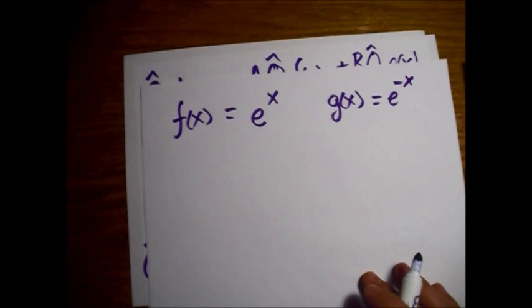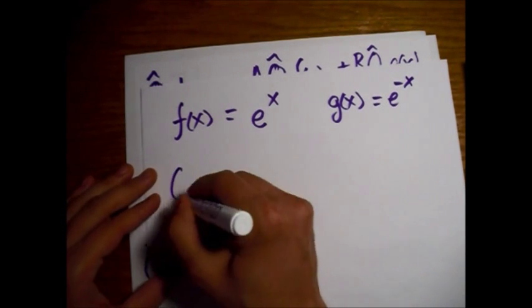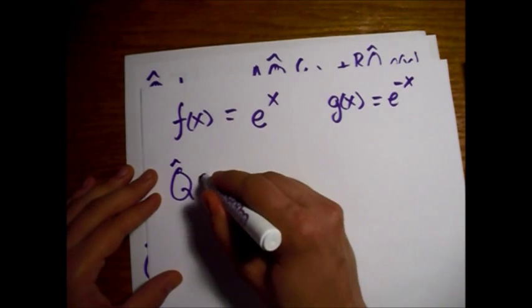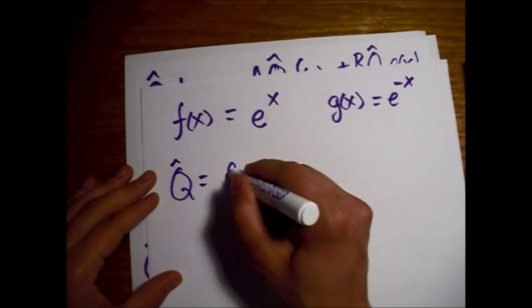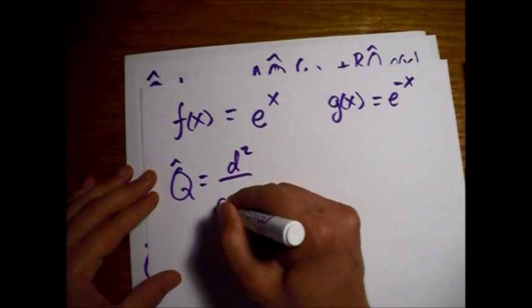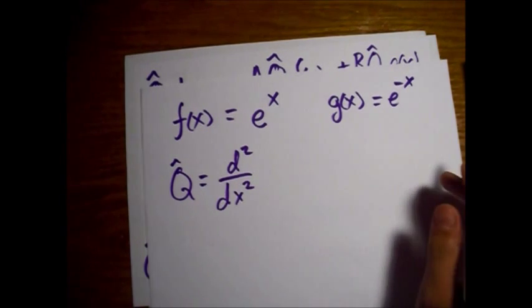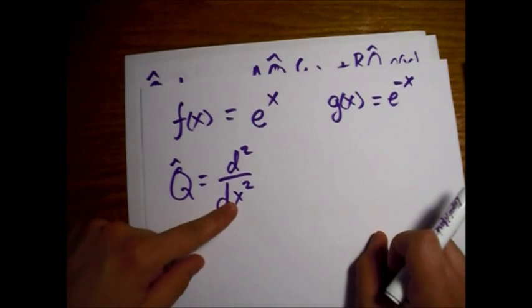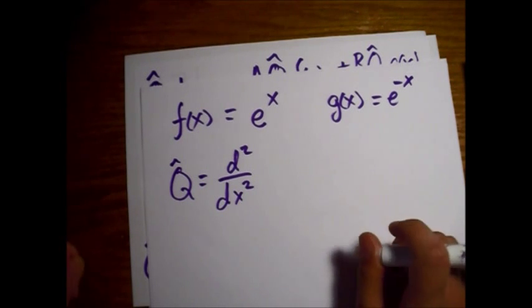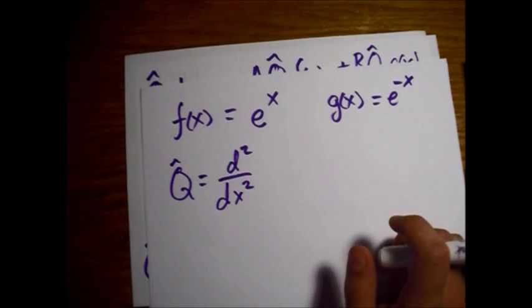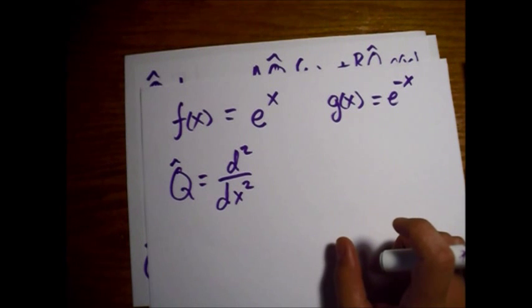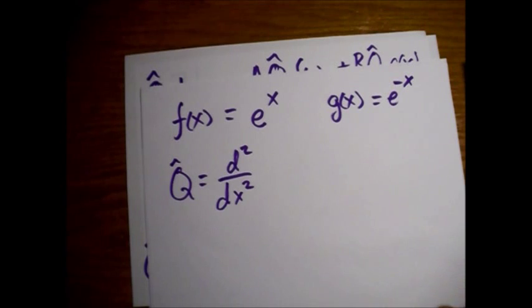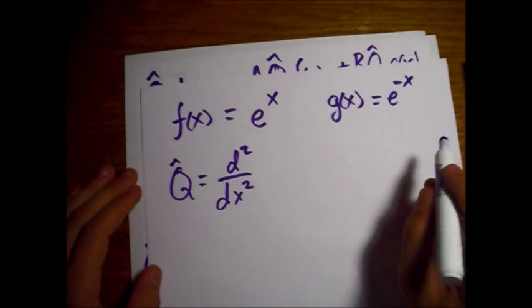We're going to check that these are eigenfunctions of the operator, which I'm just going to call q again. But the operator this time is just the second derivative with respect to x. We're going to check that these two are eigenfunctions of this operator with the same eigenvalue. And then we're going to construct two linear combinations of f and g that are orthogonal eigenfunctions on the interval -1 to 1.